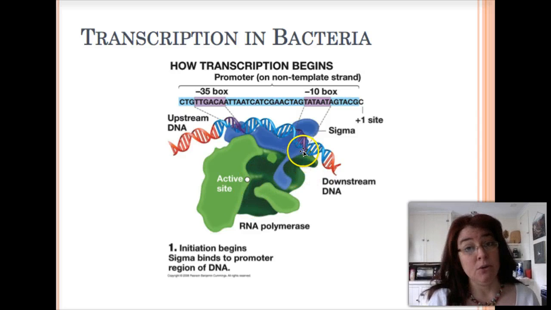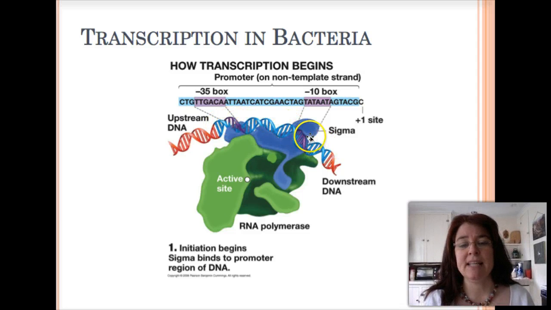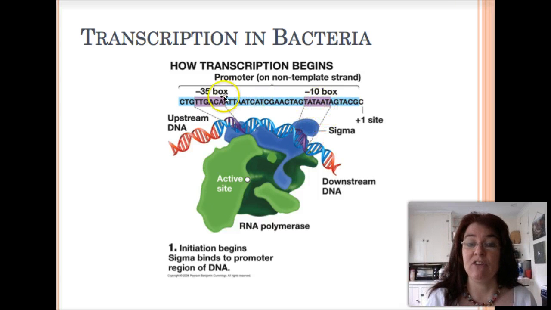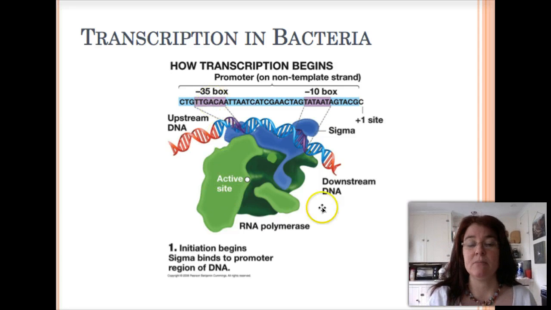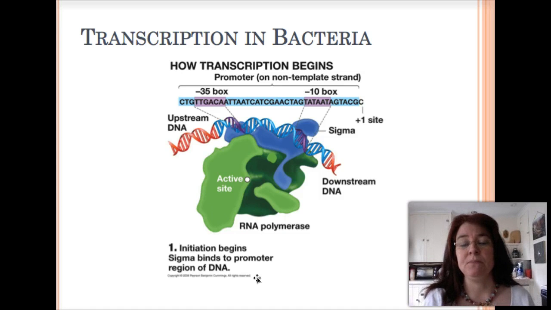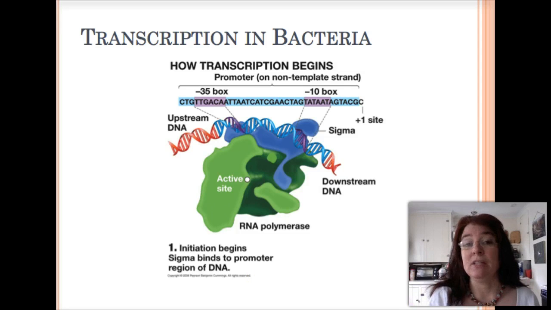The area in blue on the DNA represents the promoter, and the areas in purple represent the -10 and the -35 box, sort of the docking stations where sigma comes in and binds. So, initiation is the process where sigma binds to the promoter, gets the core in place to begin this process of transcription, and then is released.